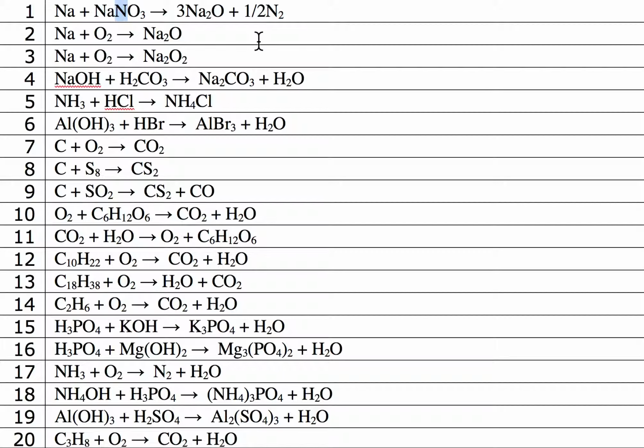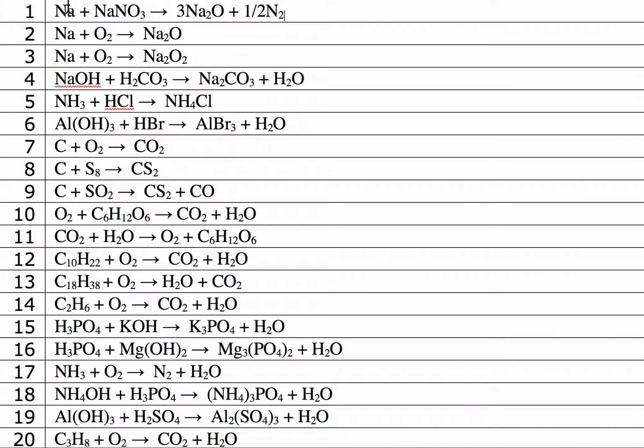Now, typically speaking, most books don't mention the use of fractions. In fact, they say that stoichiometry should refer to whole number ratios. And that's convenient. People don't like to use fractions, but fractions really help you in terms of balancing a reaction like this. Now, you can remove the fractions.